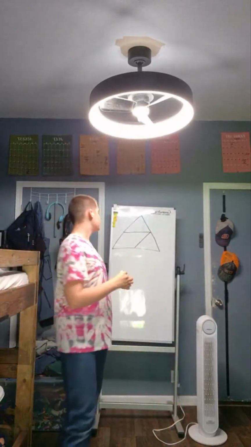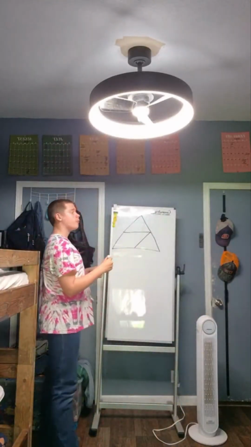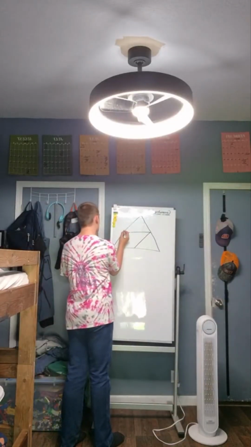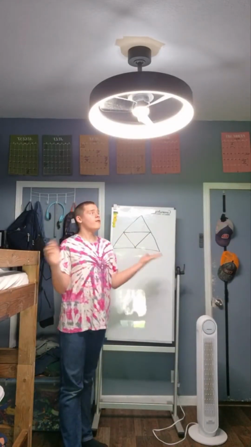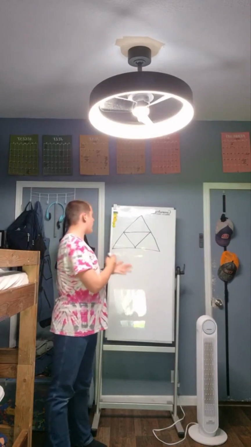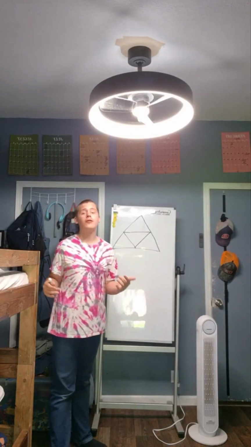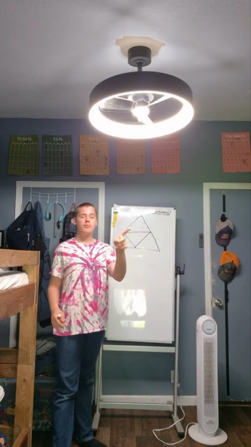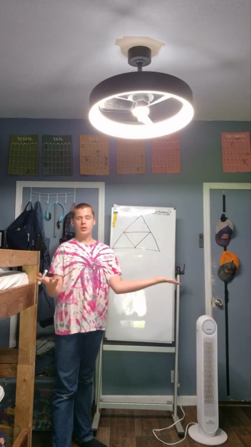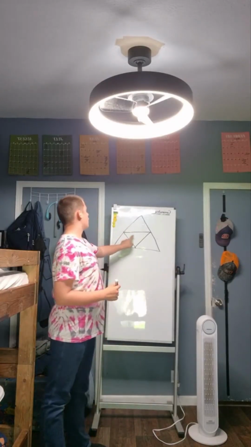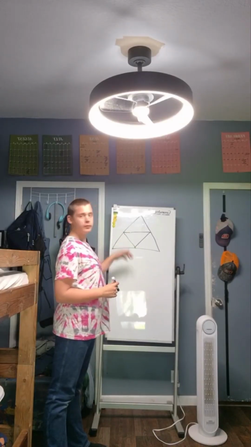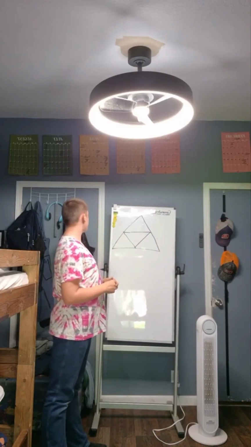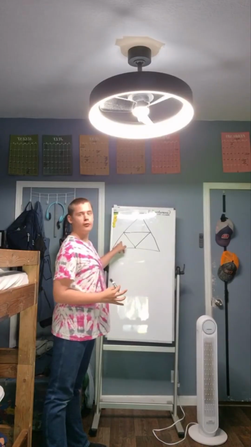And then we have another line connected from here all the way down to here. We got four triangles. So how on earth could we possibly get four triangles from one big triangle? Well, we have one triangle inside of this triangle. And so now we have 1, 2, 3, 4 triangles.